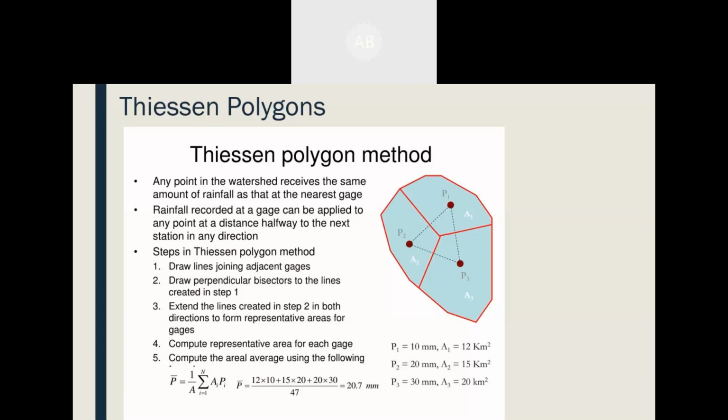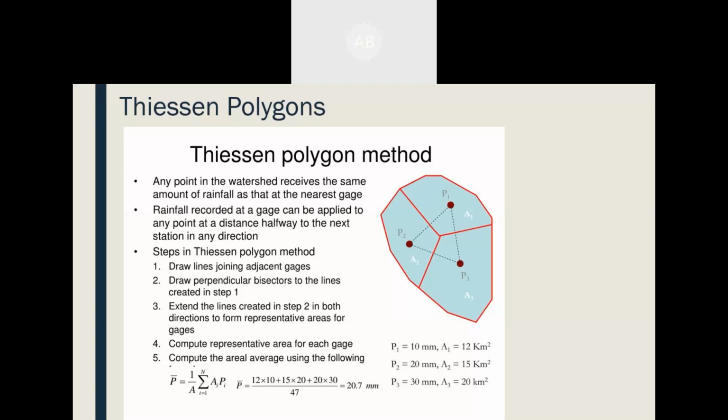In this example, P1 is 10 millimeter rainfall, A1 is 12 kilometer square, P2 is 20, A2 is 15, P3 is 30, A3 is 20. You add those values as the numerator, and divide by A, the total area of A1, A2, and A3.